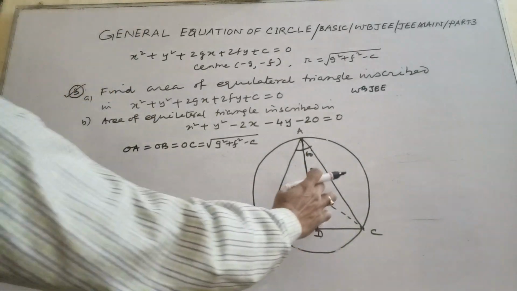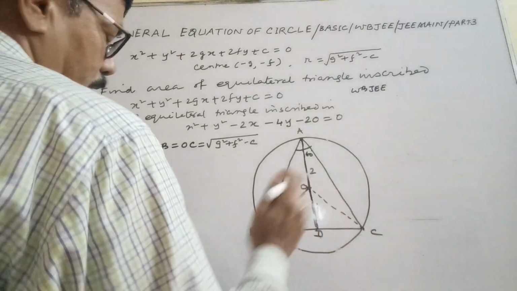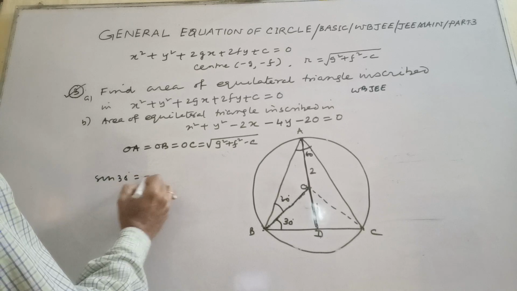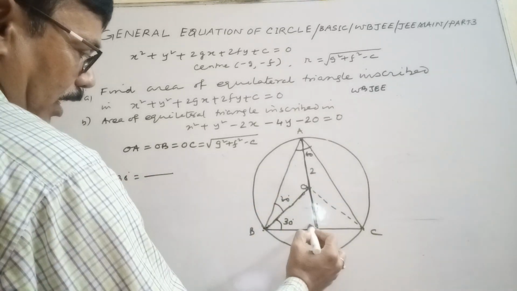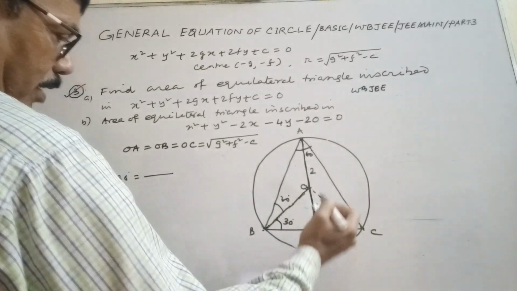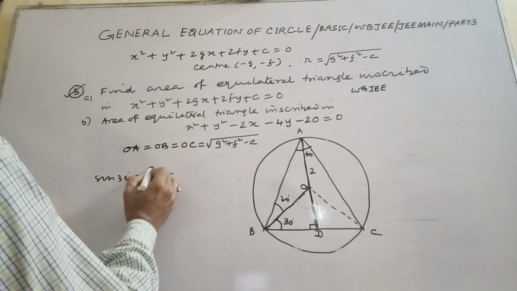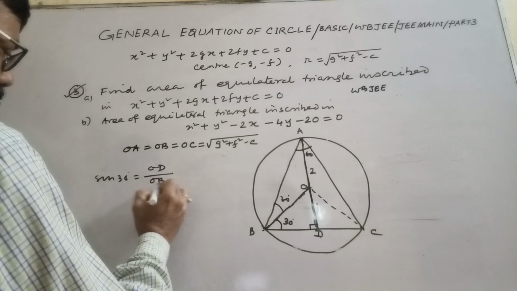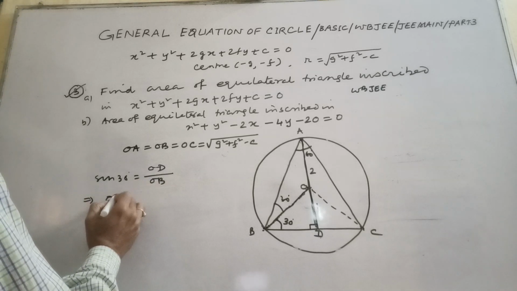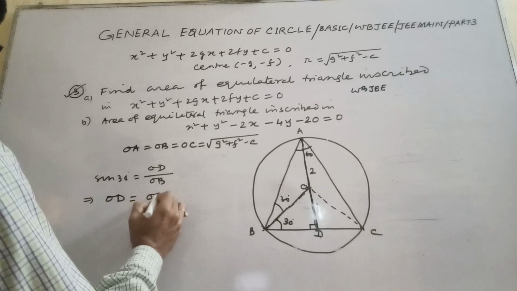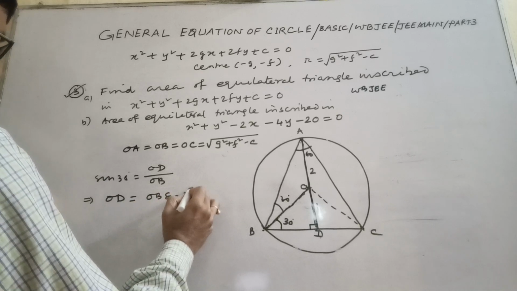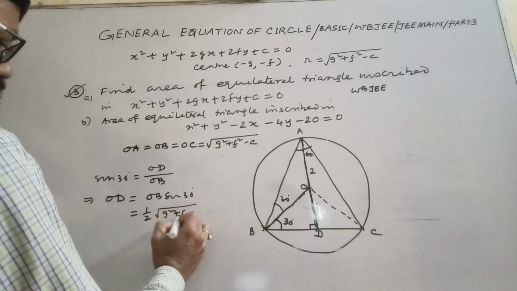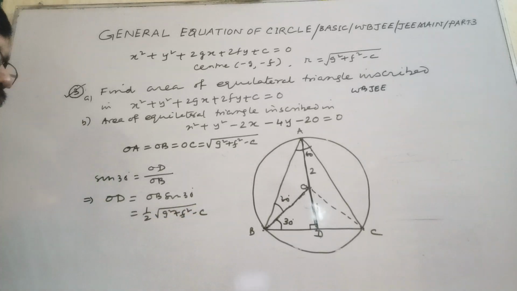You know OA, you have to find OD. Now if we consider this right angle triangle, the perpendicular from the center bisects it, sin 30 equals OD by OB. So OD is OB sin 30. Sin 30 is half and OB is the radius, root over g square plus f square minus c.